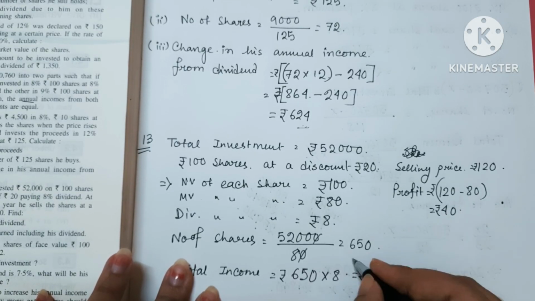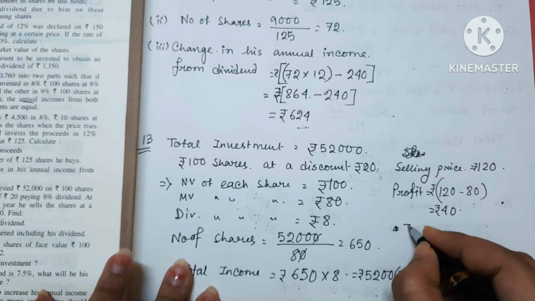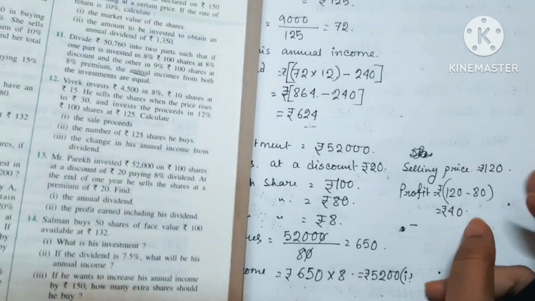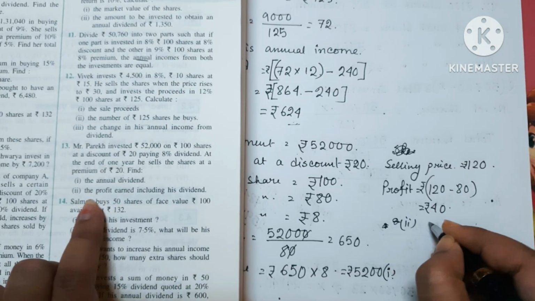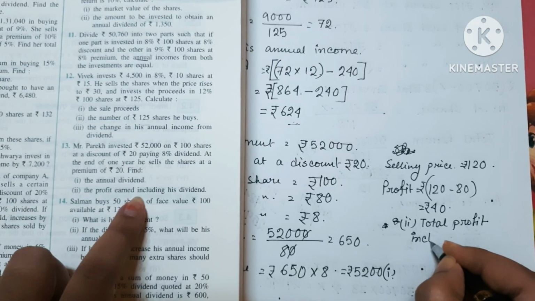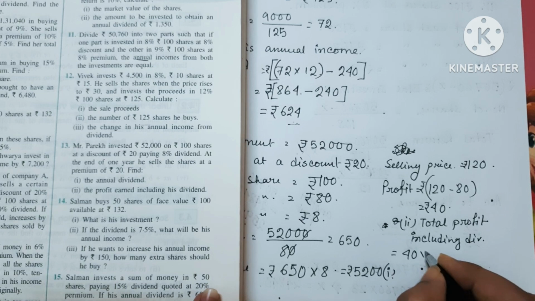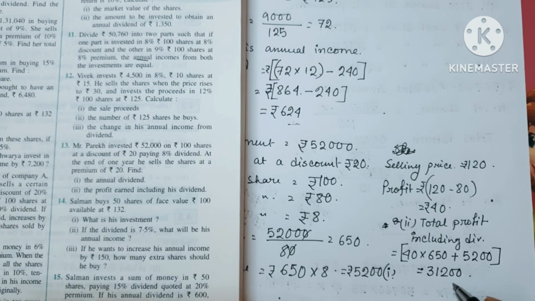Now 40, and these are the number of shares, that means total profit including dividend. They have asked you to find out total profit including dividend. So answer of this question, total profit including dividend, that is 40 into 650 plus, this will be the answer.